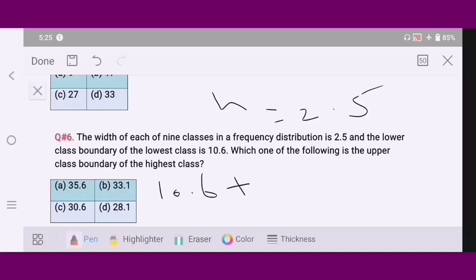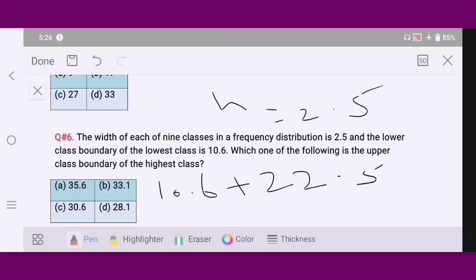So we will do the calculation like this: 10.6 plus 9 times the class interval. 9 times 2.5 gives 18 plus 4.5, which is 22.5.